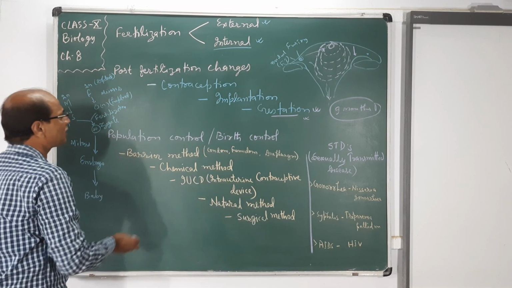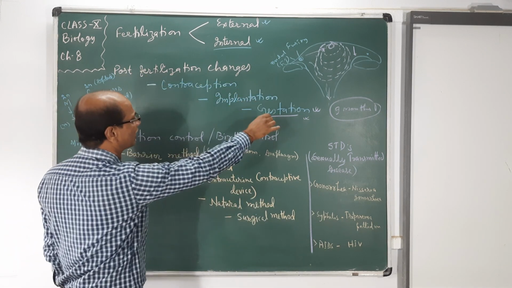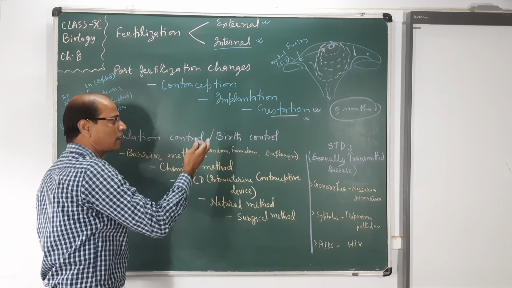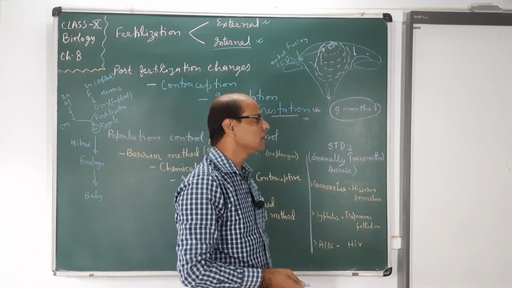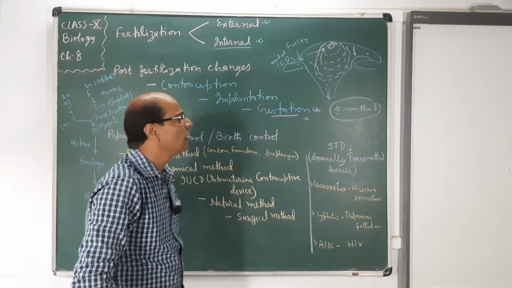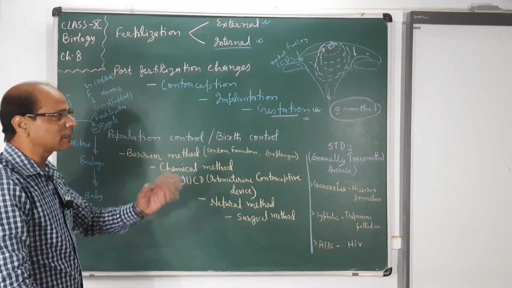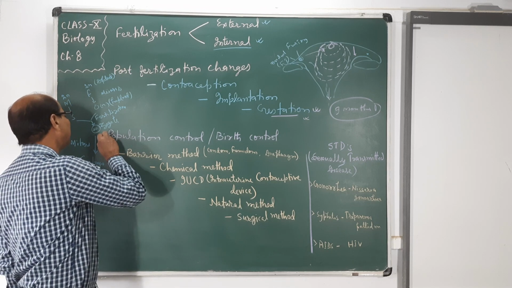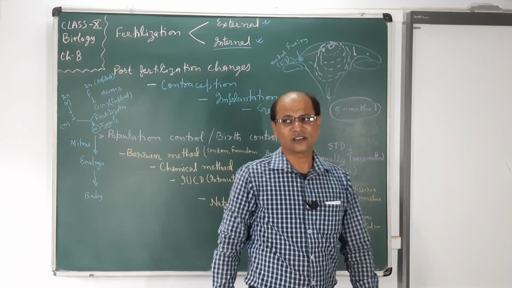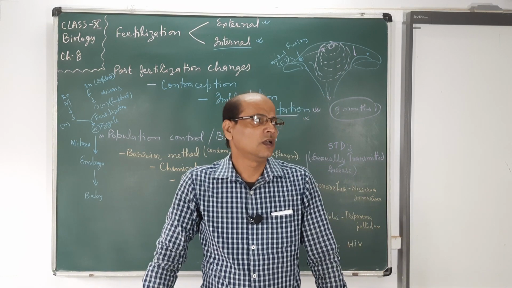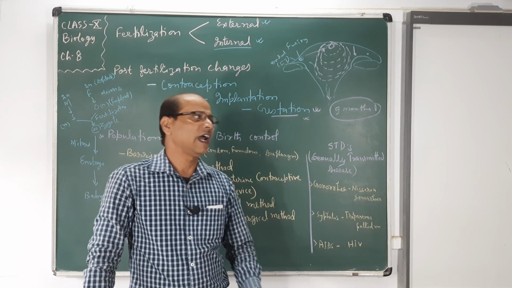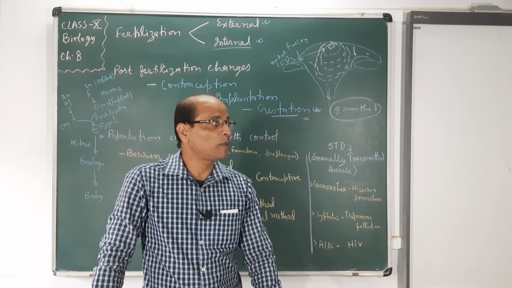So see, post-fertilization changes take place and gestation is over. Now after giving birth to the baby, the baby should be cared for outside and treated very well and made fit for living conditions. Now if the population is going high, because gestation takes place and the population becomes high, we have to control it, to reduce the pressure on the family and also for the proper care of the baby.